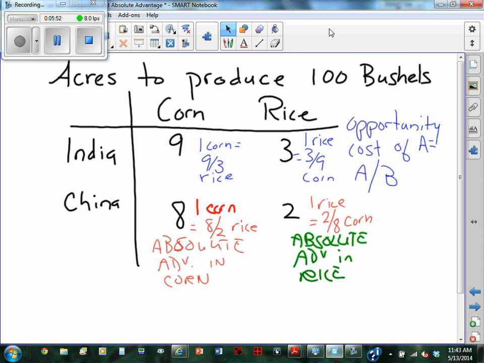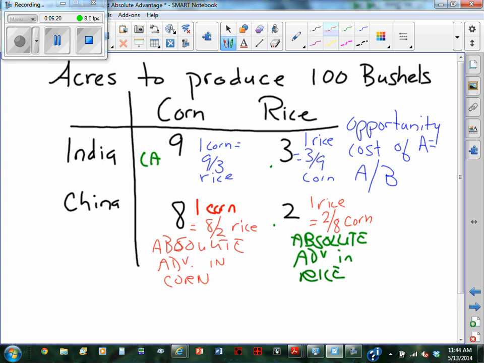India. So India has comparative advantage here, which means they should specialize in production of corn. And for rice, it's costing India 1/3 of a bushel of corn for every bushel of rice, and it's costing China 1/4 of a bushel of corn for every bushel of rice, and 1/4 is smaller than 1/3.